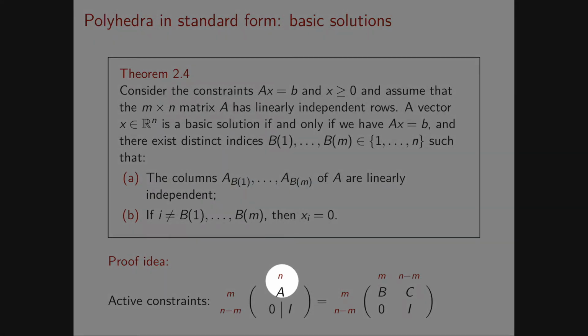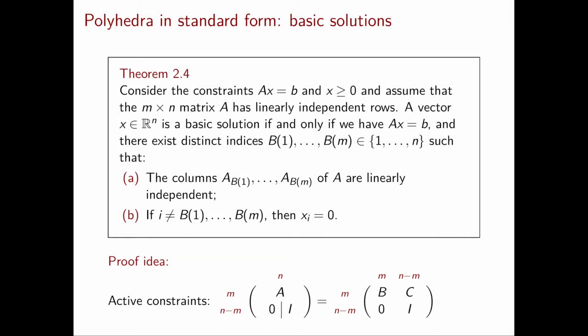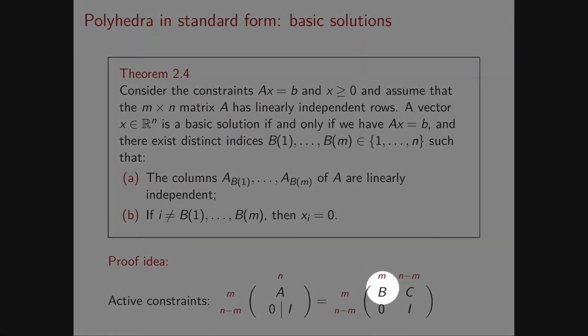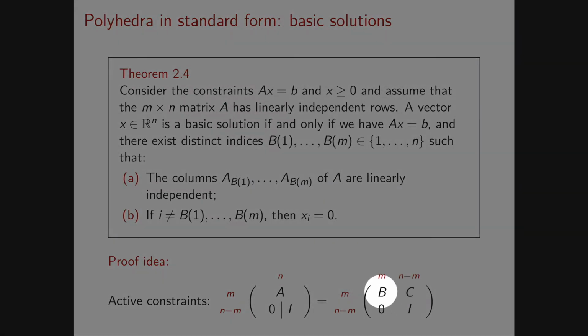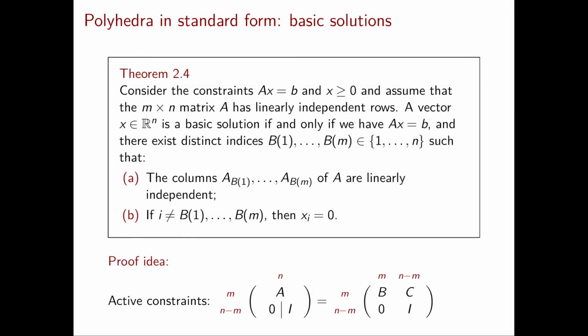Namely, I split A into the first part corresponding to the first m columns that I'm going to call B, and the remaining n minus m columns that I'm going to call C. Now this matrix looks like this one. We have B, C, 0, identity, and identity and B are square matrices.